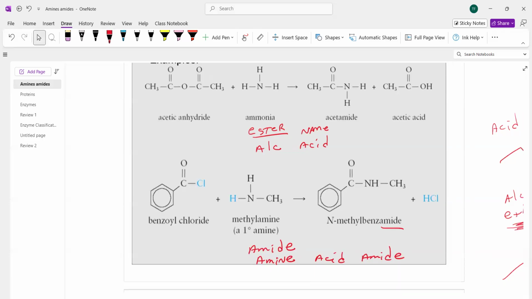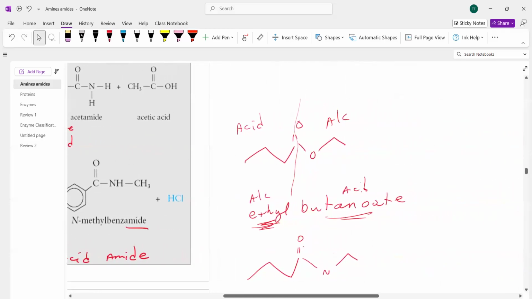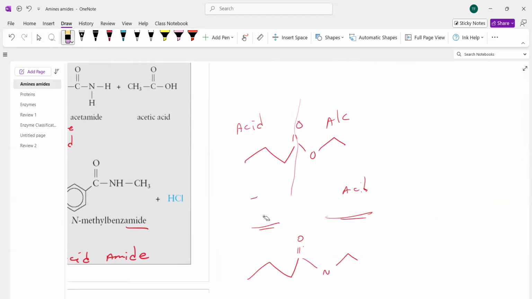Okay, so let's look at some examples now. Like with an ester, we have the acid part and the alcohol part. With an amide, we have the acid part and the amine part. So the primary backbone is 1, 2, 3, 4.